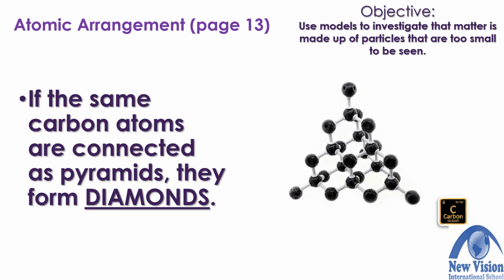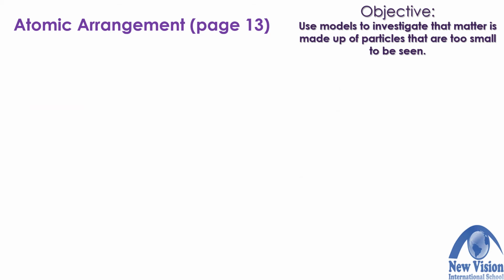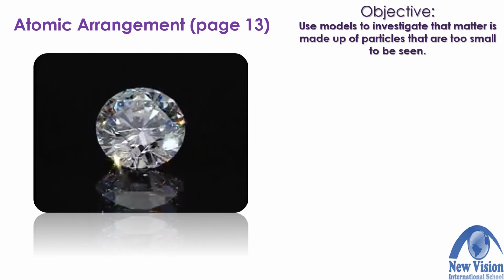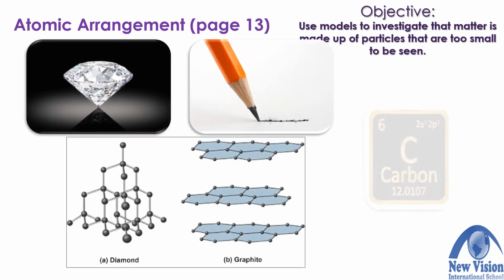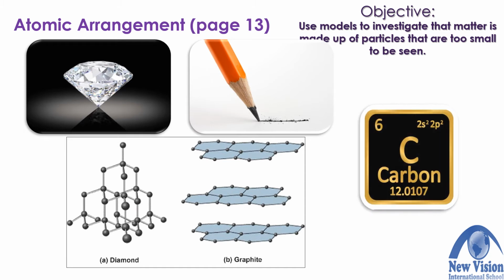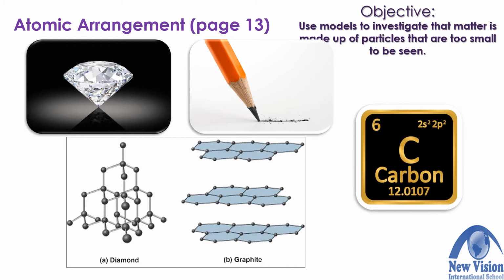If the same carbon atoms are connected as pyramids, they form diamonds. Diamonds are used to make jewels. Unlike graphite, diamonds are transparent and very hard. However, diamonds and graphite are both made of carbon atoms.